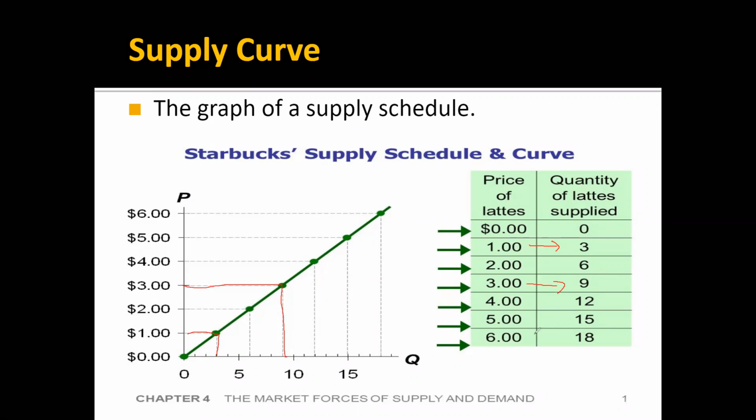And then down here at $6, they're going to be willing to supply 18. So up here at a high price of $6, they're going to supply 18. Sorry for my scribble there, but you can get the point. Reading the schedule is easy. Make sure you can read the graph, plotting those points out. The $6 line hits the supply curve here. Then we drop down to see what the quantity is at that set price.